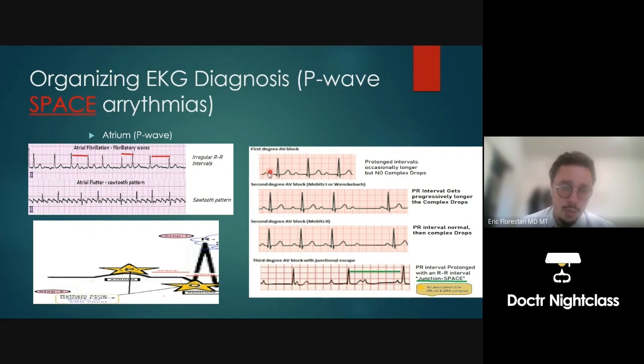We know that one is supposed to happen before the other. But if there is a great delay between them, it's called the PR interval being prolonged. These are very common. They may go after that. These are very test questionable. I think that Mobitz type 1 is more test questionable than Mobitz type 2.